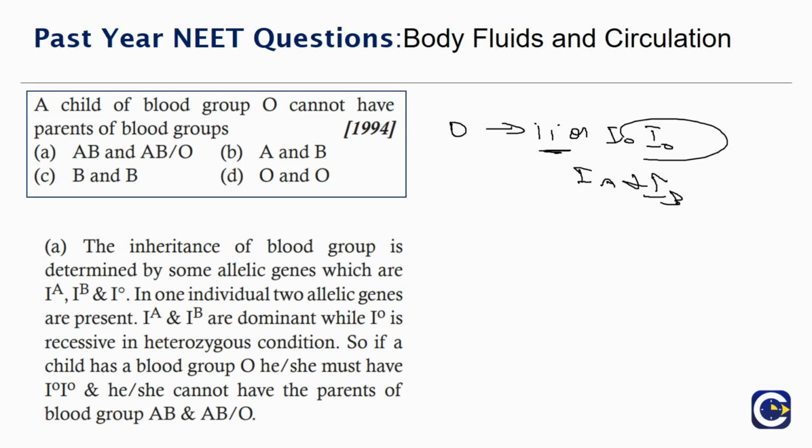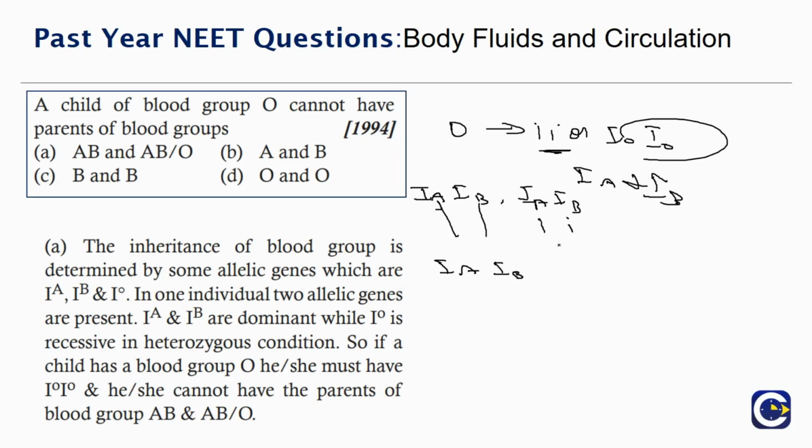Here it's given AB and AB or O. We know in case of AB it is IA IB. In case of O it is IO or ii. So in both the cases we get IA IB here.